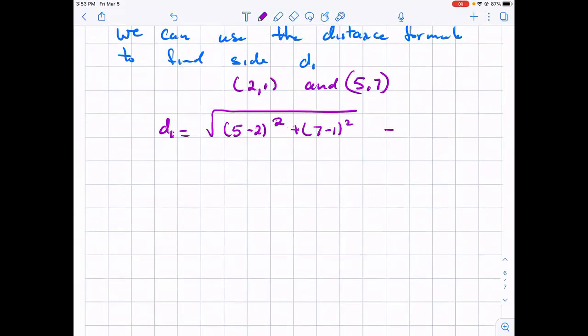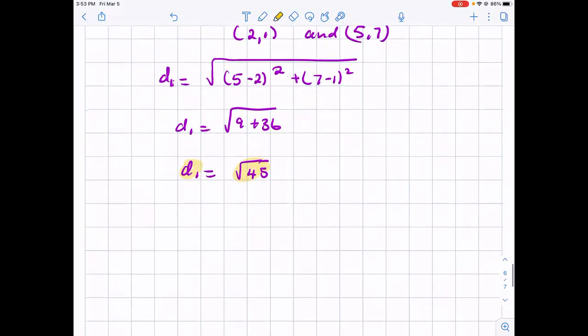And if we simplify this, D1 is equal to the square root of 9 plus 36. So D1 is equal to the square root of 45. So this here is the value of D1.